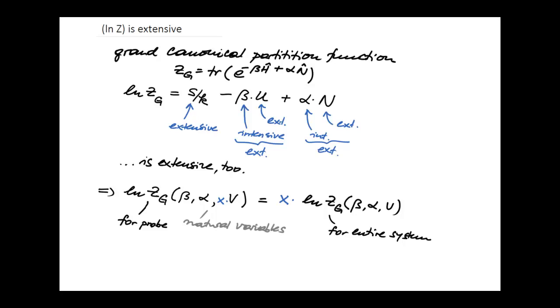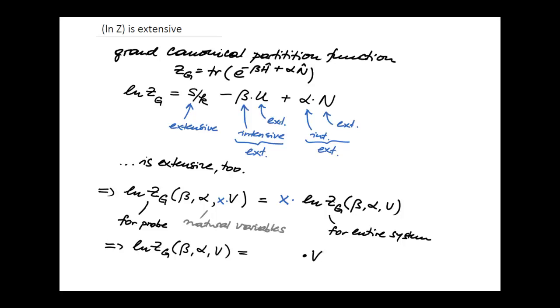This implies that the log of the partition function must be linear in v. So this implies that the log of the grand canonical partition function must be proportional to v.